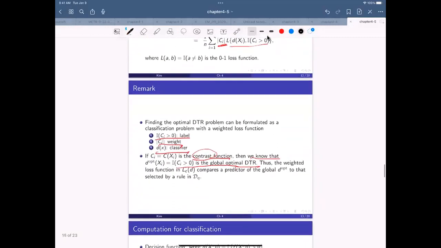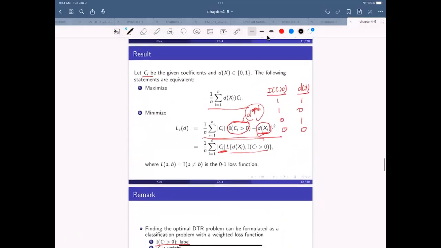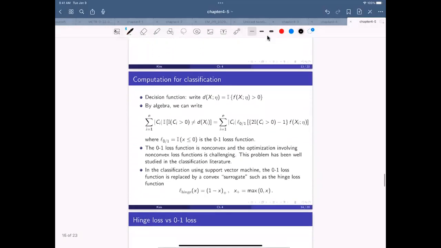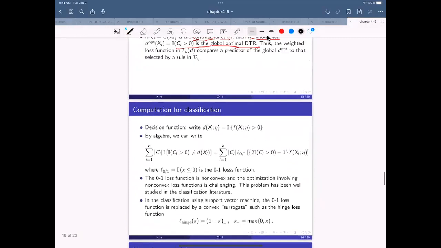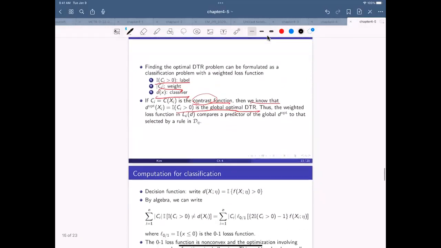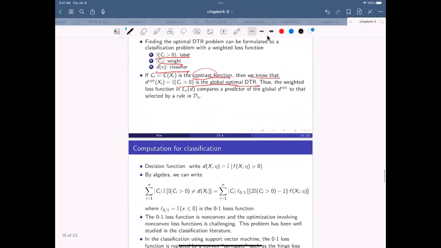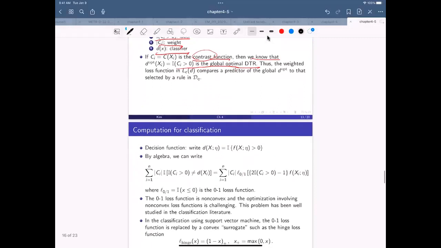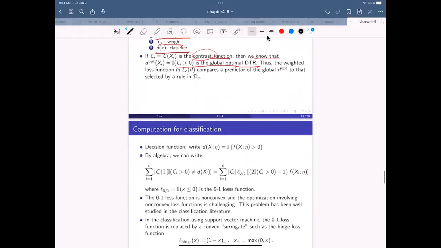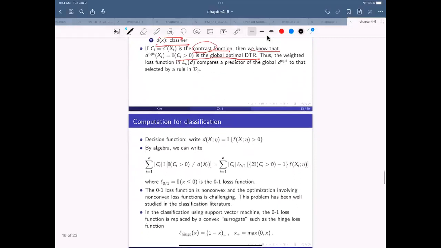Now, that is, I think, an important concept. And when it comes to finding the classification function, usually in the machine learning literature, they use the concept of the decision function.